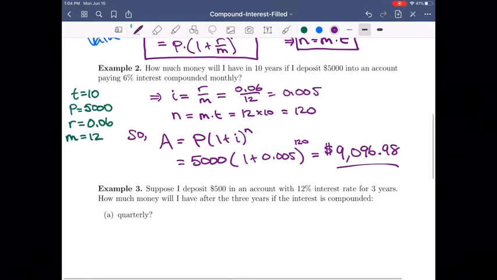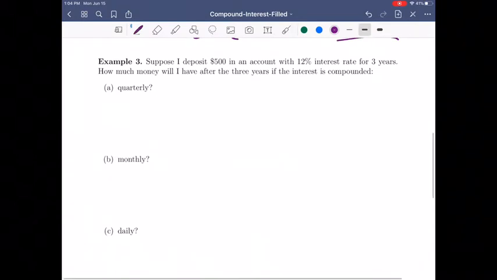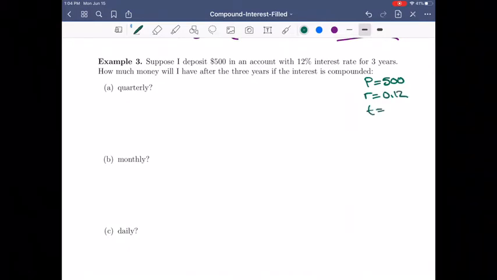Now I want to do another example where we change the compounding period to see what happens. Everything else will be the same. So my P is $500. The nominal interest rate is 12%, so 0.12. And the t is always going to be 3 years. What's changing is the m.